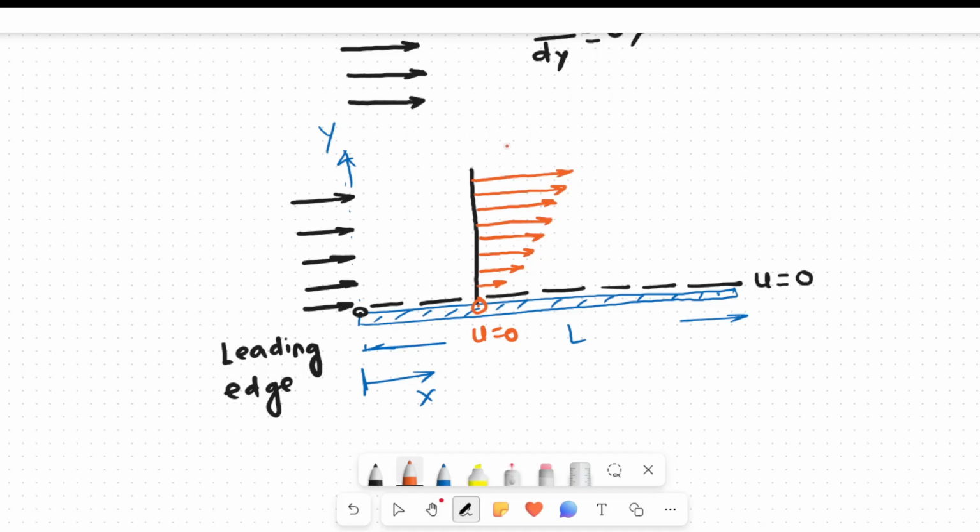At one point, the velocity will be equal to the free stream velocity. So at some value of y, the velocity u will be equal to 0.99 times u infinity, or we say it will be nearly equal to the free stream velocity.